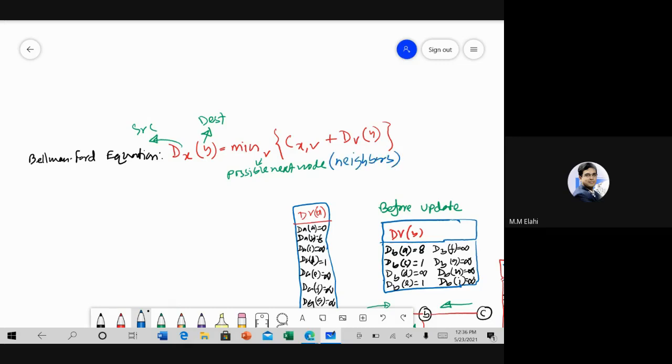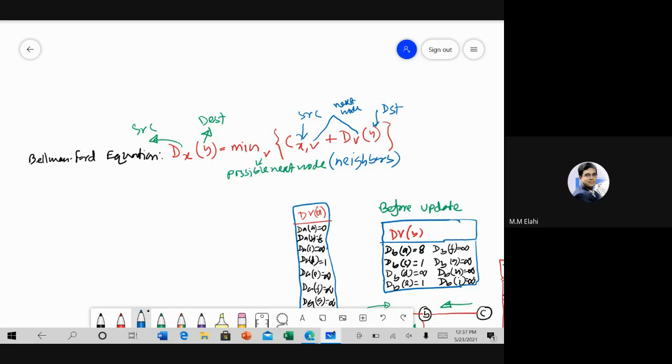And if you see all possible values, you can see the source and destination are always fixed, so the only thing that changes is the neighbors, the possible next node.